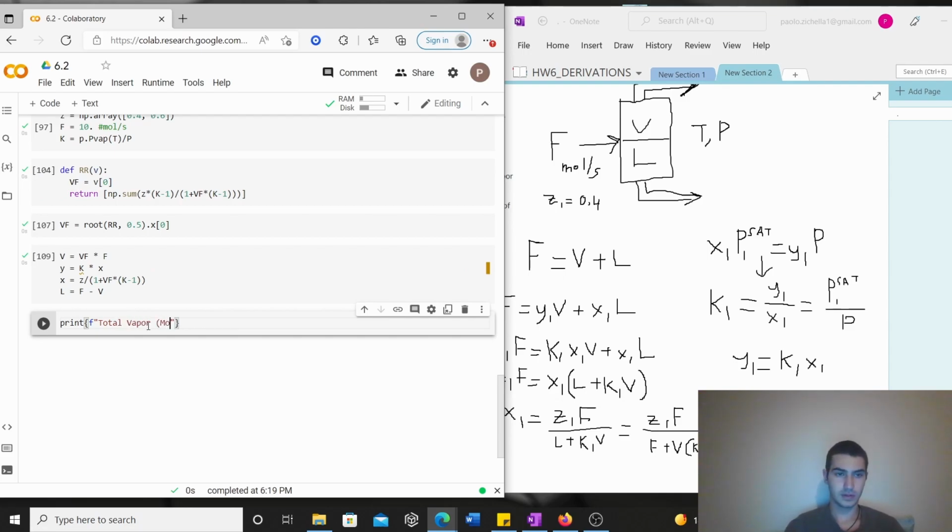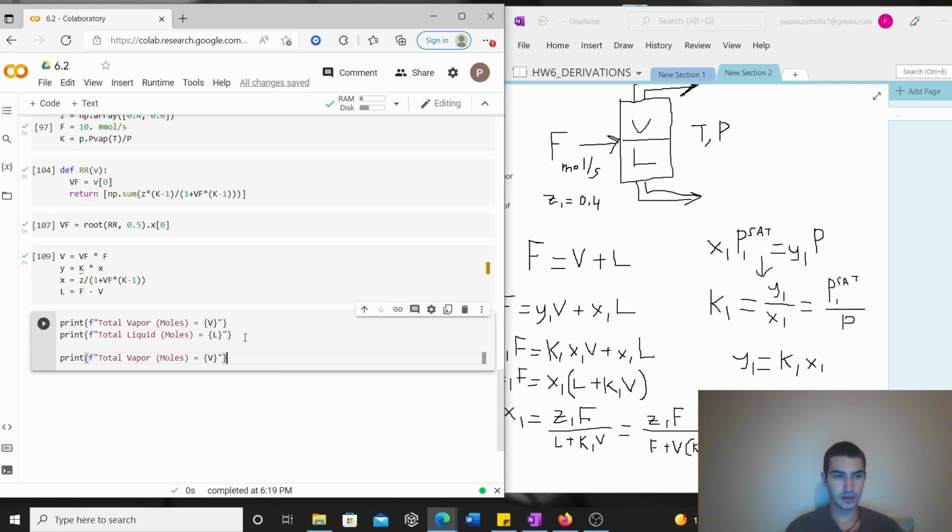Vapor moles is equal to V. Go ahead and copy this and do this again for the total amount of liquid moles, and this is L. We can do this again two more times, liquid mole fraction for one, and then the vapor mole fraction for the other.